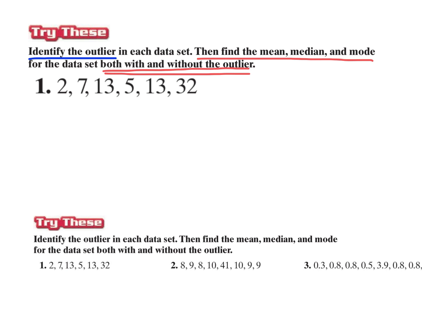What's the mean with the outlier? What's the mean without the outlier? What's the median with the outlier? What's the median without the outlier? What's the mode with the outlier? And what's the mode without the outlier? So really 7 different answers in one question here. One thing you probably want to do to start out with is put the numbers in order.